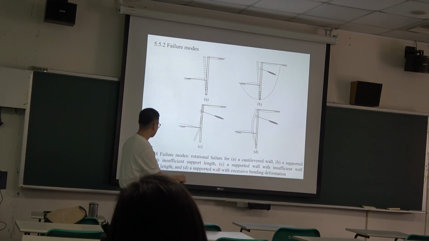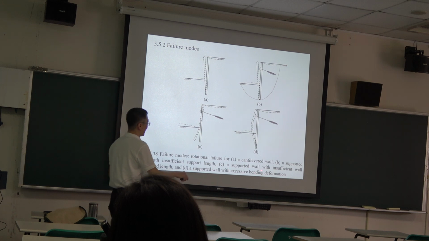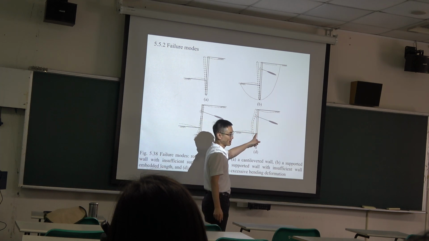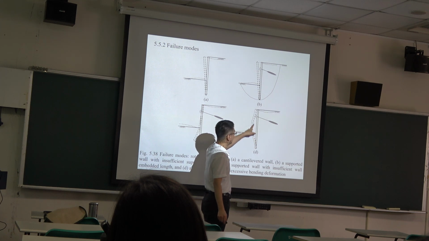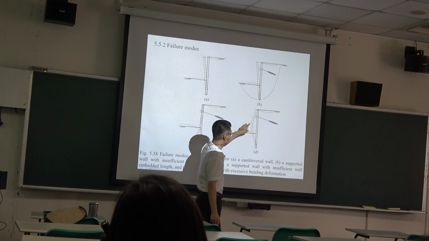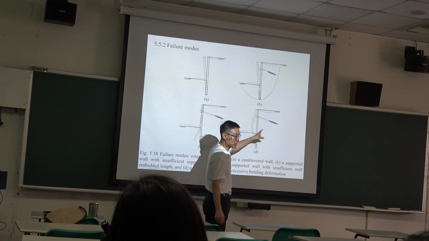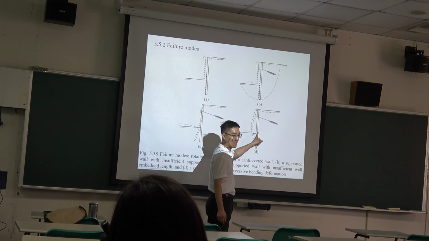Then the next one is where the bending moment is too much. So the wall deformation performs like this. This kind of deformation happens a lot in excavation projects, because for excavation projects, bending moment is the main control factor.